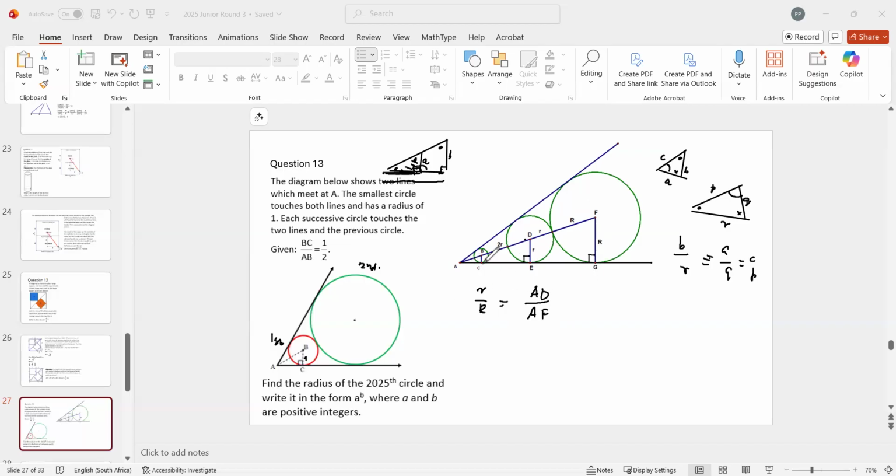Well, what is AD? AD is actually equal to this piece here. We said that this is half that. So it means this side here is opposite, is half the hypotenuse. It means the same thing for this. This side here is half the hypotenuse. So if this is r, AD is 2r.